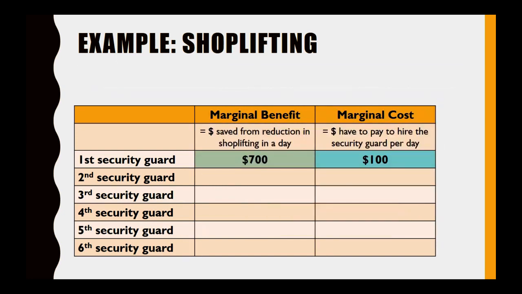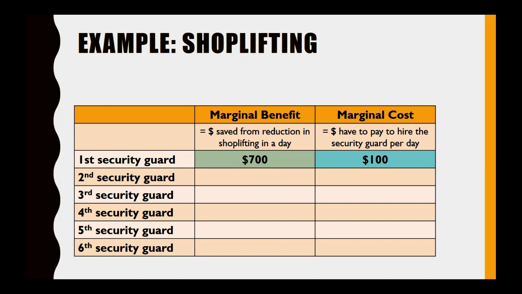All right? So let's say that the first security guard has a marginal benefit of 700. So in words, how would I explain that? They're saving us $700 in theft. Good. They reduced shoplifting by $700. But the marginal cost is $100.